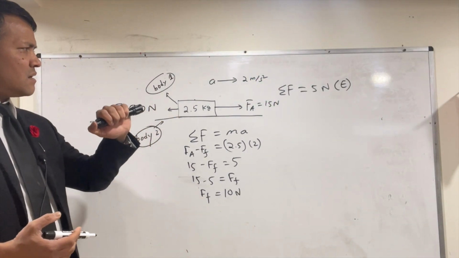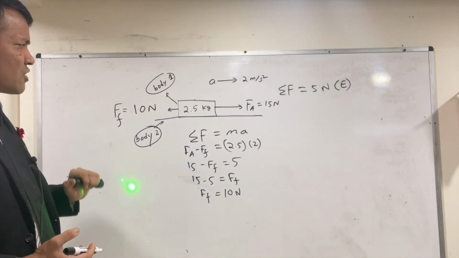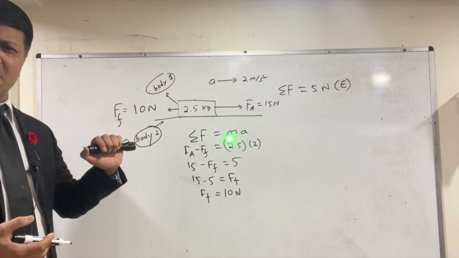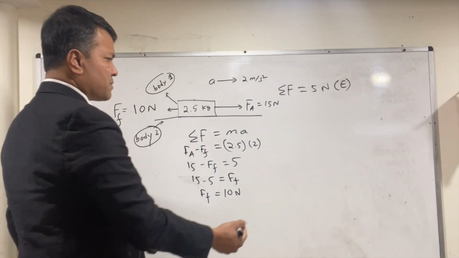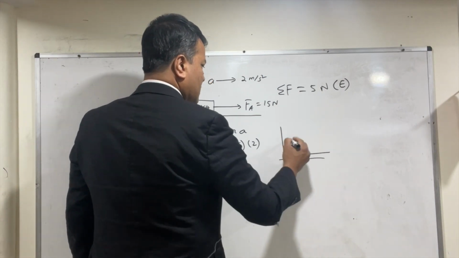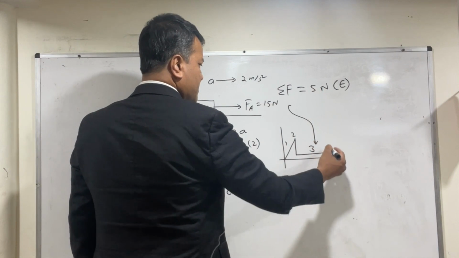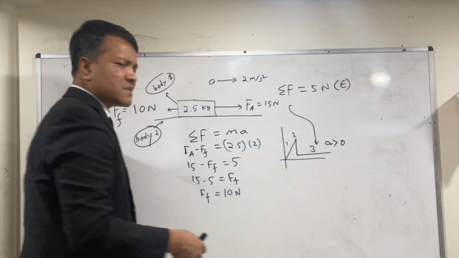Again, you should not compromise your understanding. You should try to solve the problem and try to understand the different aspects of the problem. What location does this problem fall under? Of course, right here, location 3, because hey, acceleration is more than 0.